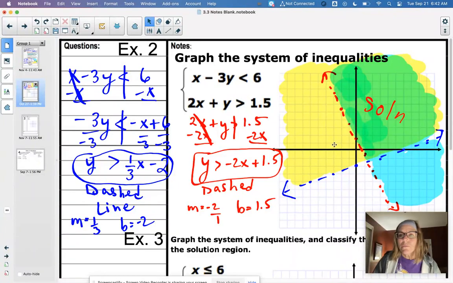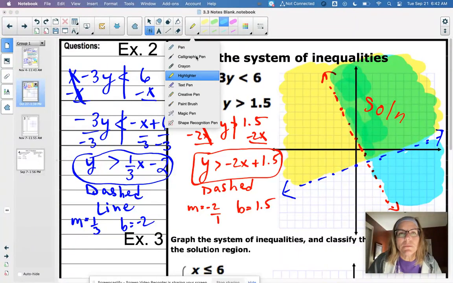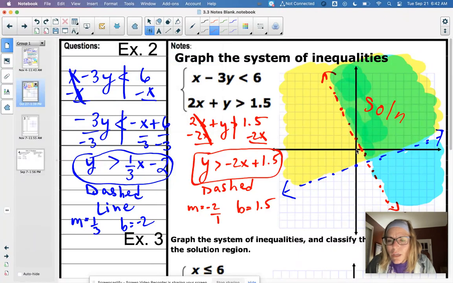So now we could test. How about we do this? Let's pick a point. Let's check a test point here. Now, looking at that, it looks like 0, 0, again, should not be in the solution. So let's test 0, 0 for the fun of it.